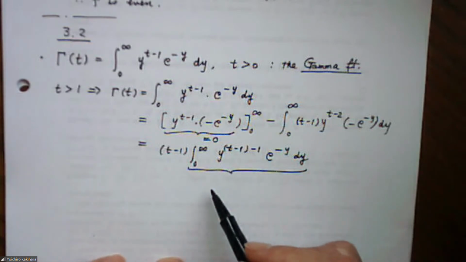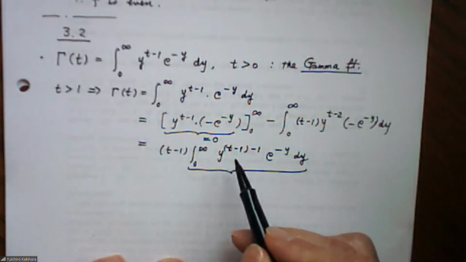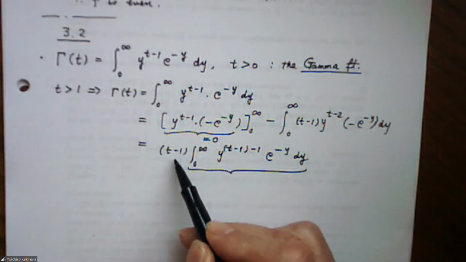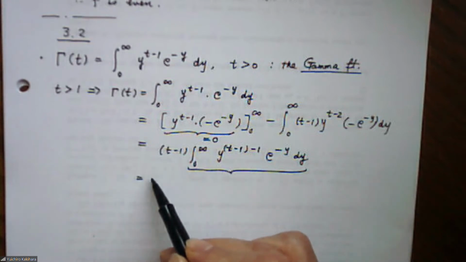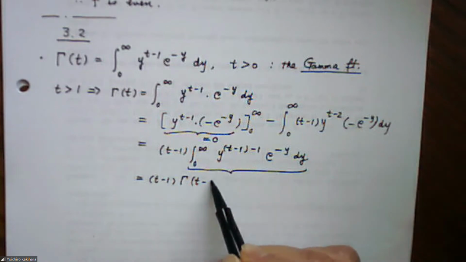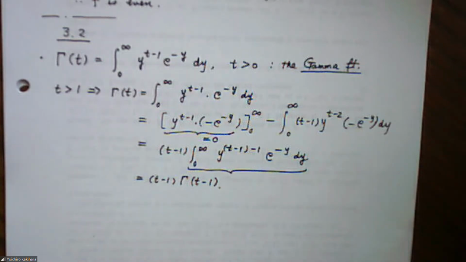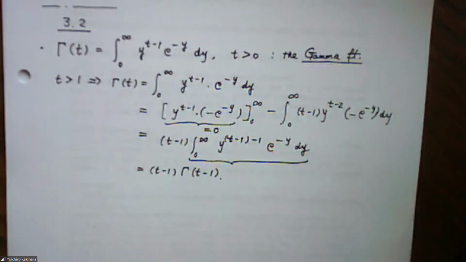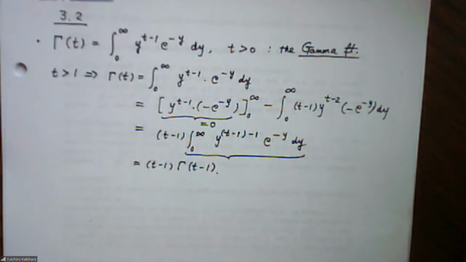This is the gamma function's value at t minus 1. This is a constant, so this is t minus 1 times gamma of t minus 1. So this is a recurrence relation for the gamma function: gamma of t is equal to t minus 1 times gamma of t minus 1.